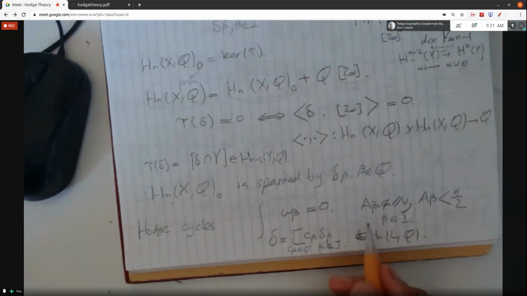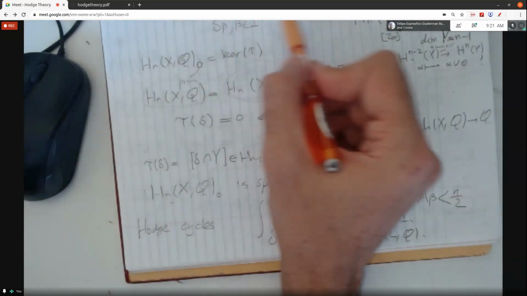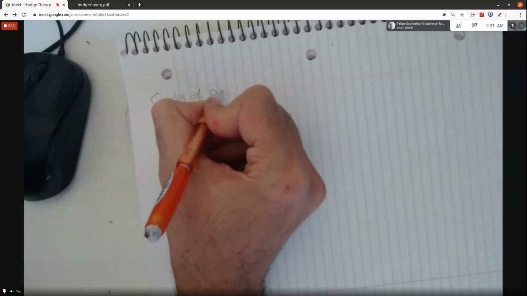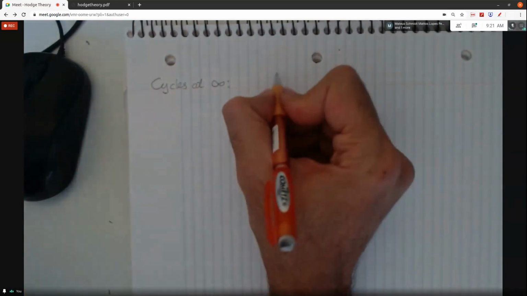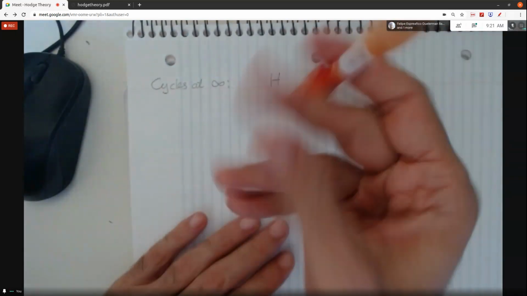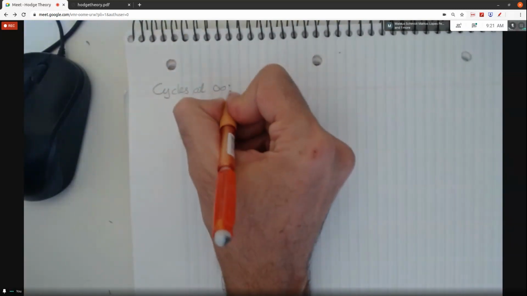And for this reason, I have to take care about cycles here, which are mapped to 0 under the inclusion. So maybe, okay, cycles at infinity. So, well, I have to find a way to get away from this.